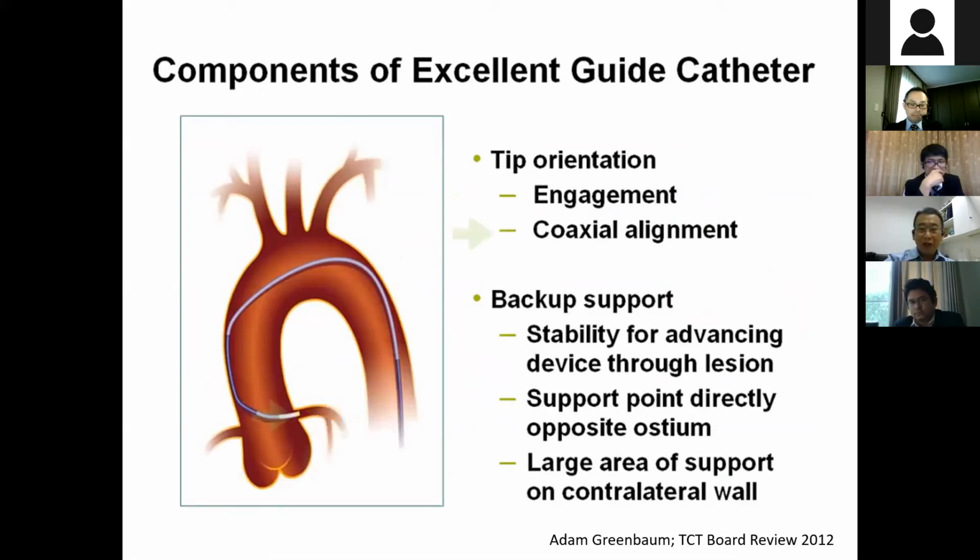You need a coaxial alignment of the catheter tip with the artery to make the device pass easily, and you need backup support, especially if the support point is directly opposite to the ostium, and you need a large area of support on the contralateral wall to enhance the support as well.